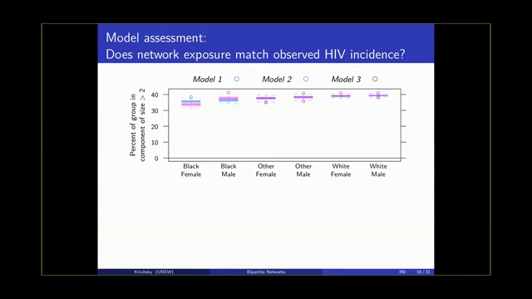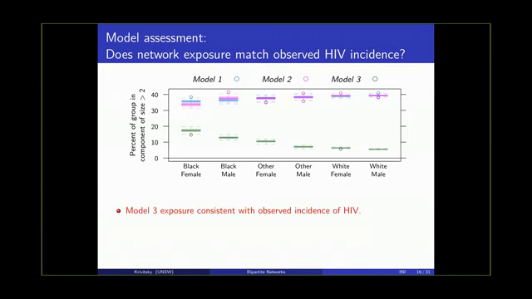A component of size greater than 2 means that one of the people has at least one other partner, and that means that both people in the component are exposed by the network. And it turns out that once we control for differences in tendency towards monogamy, we actually see a pattern that's quite semblant of the one that we see with the observed incidence, right?